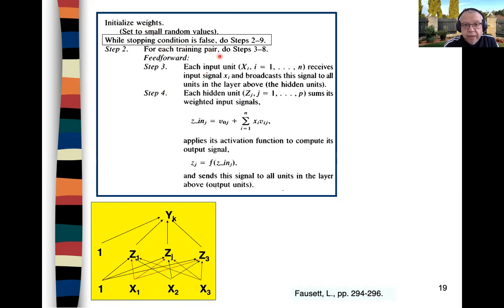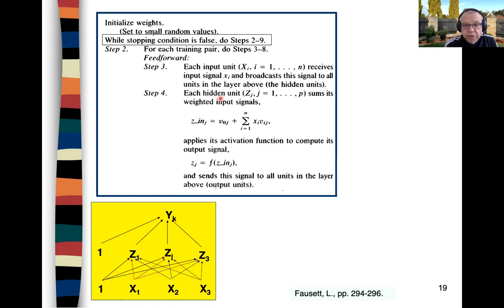For each training pair, so we have a labeled training set, for which we know the target output, each input unit xi, i from 1 till n, because we have n of them, receives an input signal xi and broadcasts this signal to all units in the layer above, the hidden units. So it takes the input and propagates it forward.